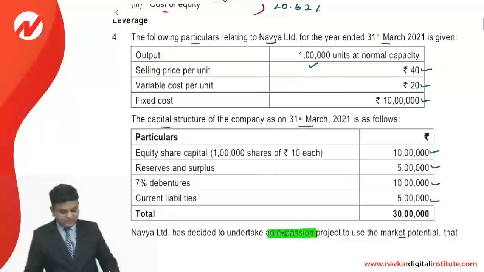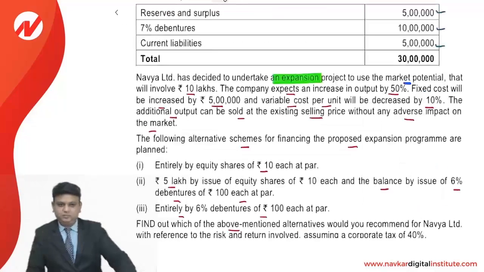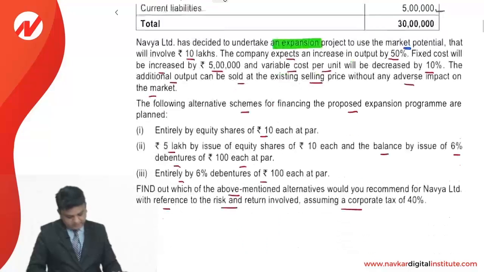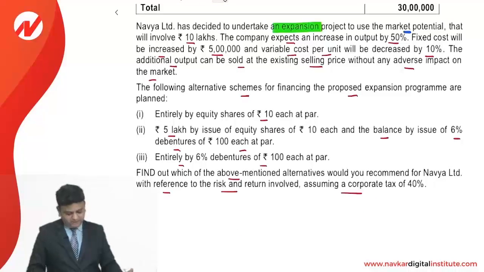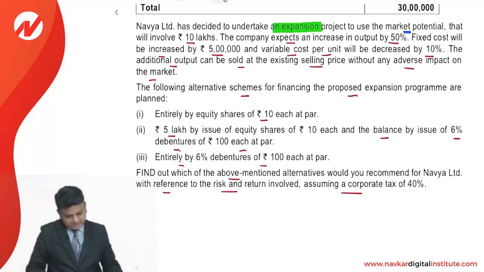So over here we are required to make the computation of which alternative is best for the company. Let us make the calculation of the earning per share for each of the financial plans. The first one is 100% equity. The question is providing the information that we require an amount of rupees 10 lakhs.